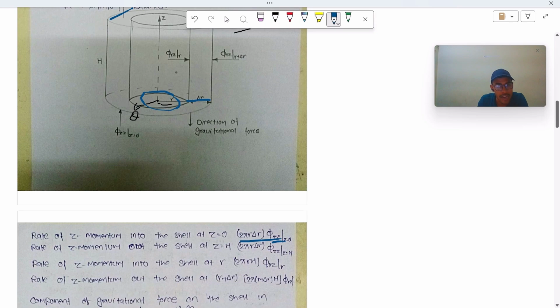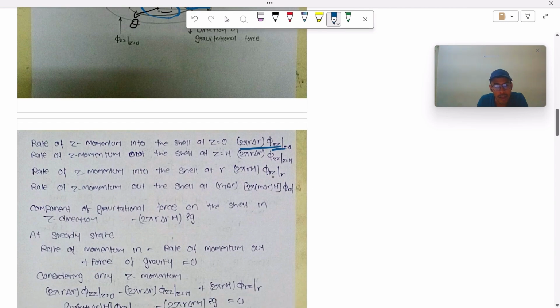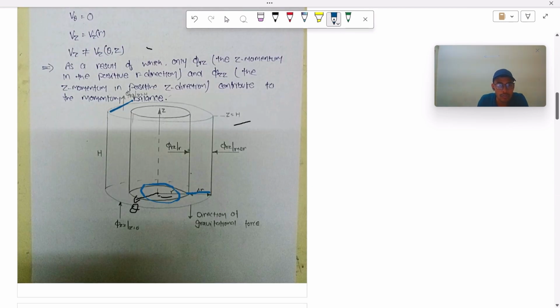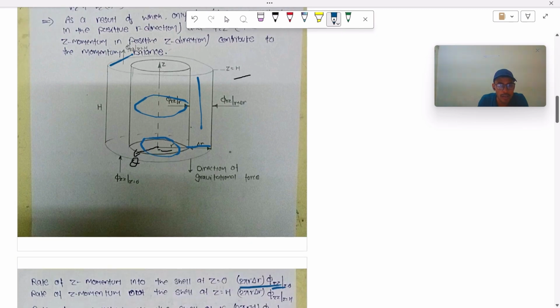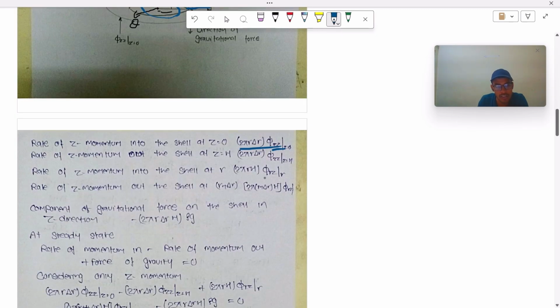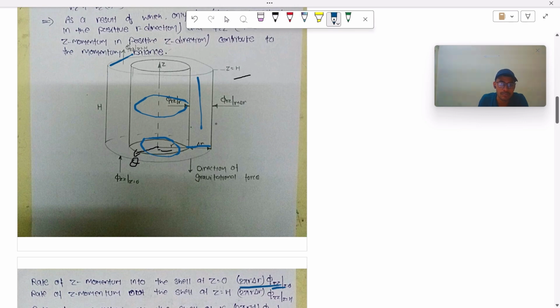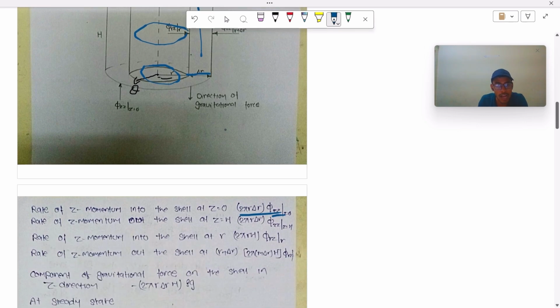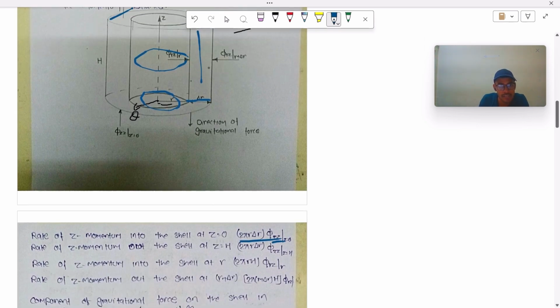at r, that is at this position, the rate of momentum is given by phi rz and its cross sectional area, that is 2 pi r into this height h. This is the cross sectional area for this, and rate of z momentum out at r plus delta r will be 2 pi, this time the radius will change, r plus delta r, into h.